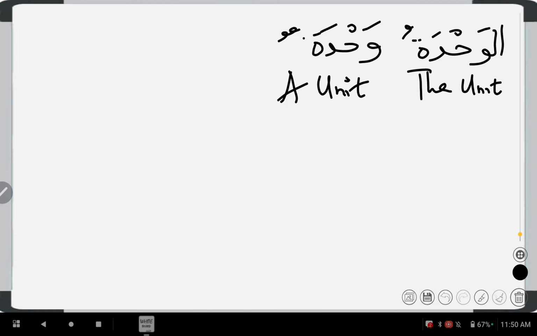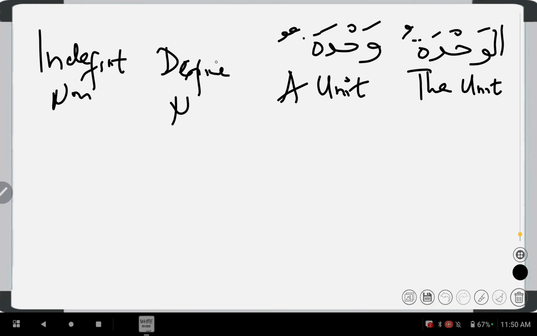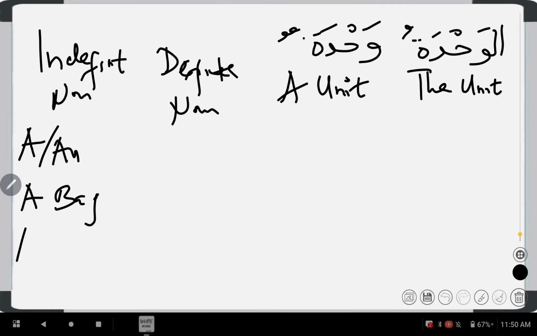We have said in the past that we have indefinite noun in English, and we have definite noun. So how do we represent an indefinite noun? An indefinite noun either starts with a or an, let's say a bag or an egg.